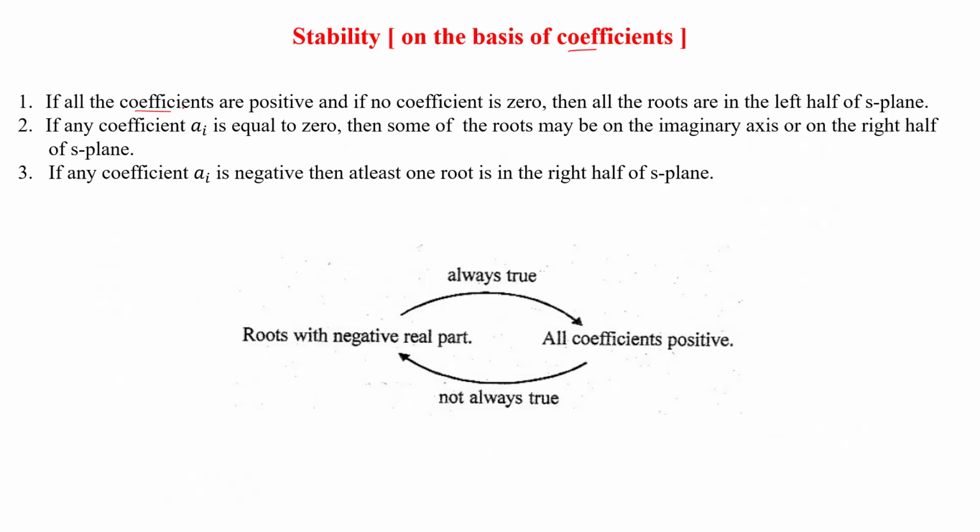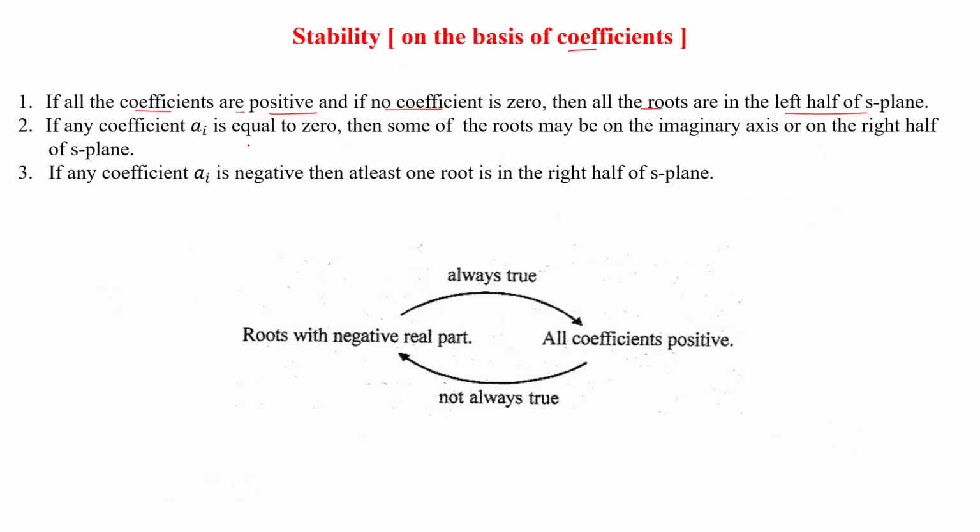If all the coefficients are positive and no coefficient is zero, then all the roots are in the left of the S-plane. When all the roots are on the left of the S-plane, finally it is going to be stable. So what is the condition here? All the coefficients are positive and none of the coefficients is zero. Then all roots are going to lie in the left side of the S-plane.